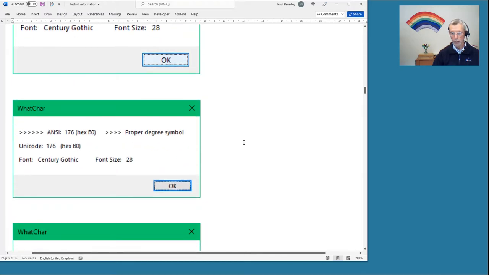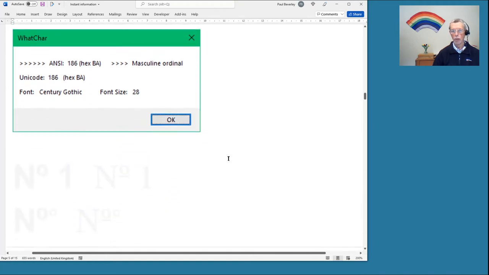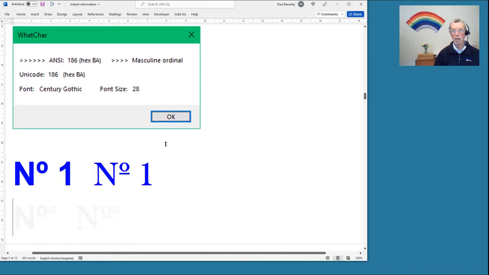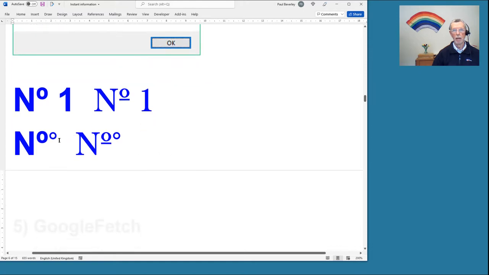Then we had a proper degree symbol, and the one that often gets used as if it were a degree symbol because it does look similar is a masculine ordinal, which is the thing we use when we try to do the number, No. So that's it in 2 different fonts there, and you can see that in some fonts it's actually got a line under it to emphasize that it's the symbol that we use for number. And just to show you them side by side in those 2 fonts, that's the degree symbol and that's the masculine ordinal.